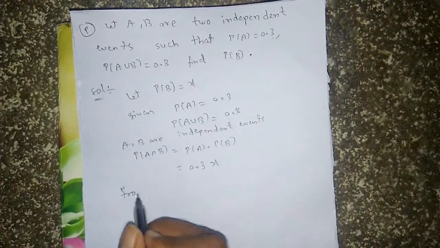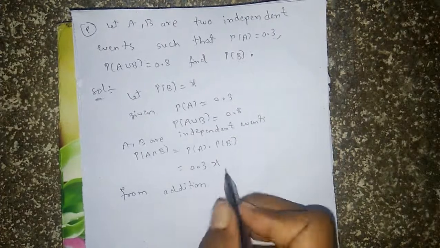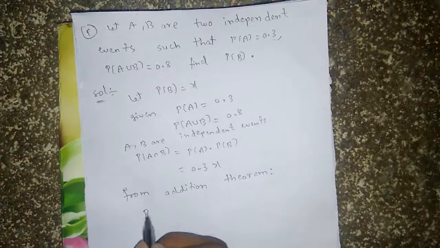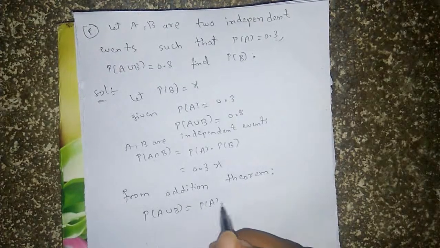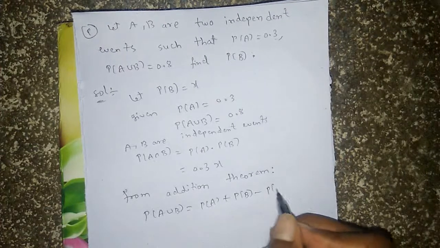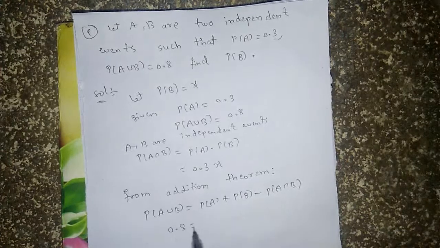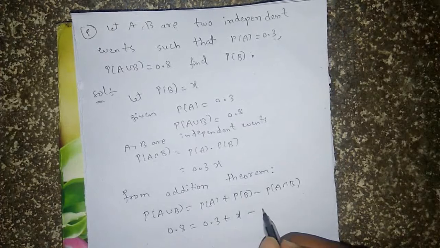Now from addition theorem, P of A union B is equal to P of A plus P of B minus P of A intersection B. P of A union B is given as 0.8, P of A is given as 0.3, P of B is equal to X, P of A intersection B is 0.3x.